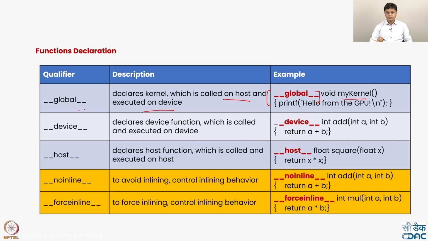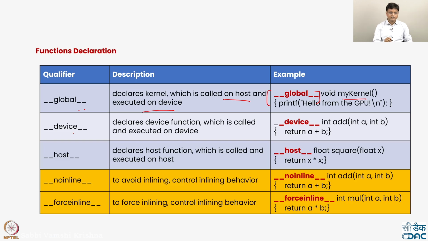The point to remember is that whenever I declare any function with global, it is called a kernel in the CUDA programming model, and this kernel will be called on the host, but will execute on the device. Whenever I use the word device, it means the GPU.